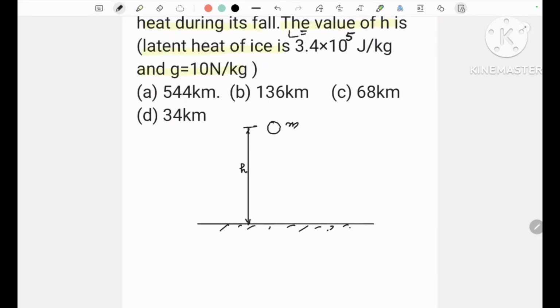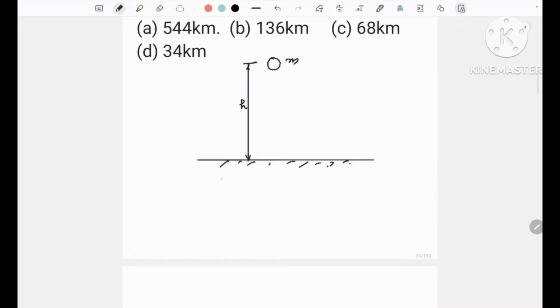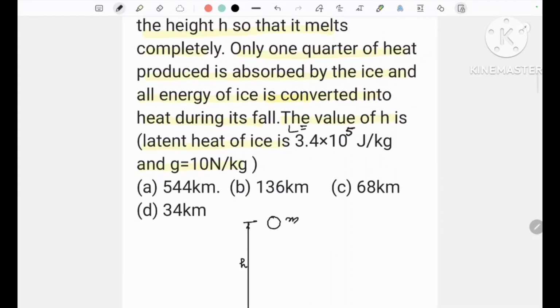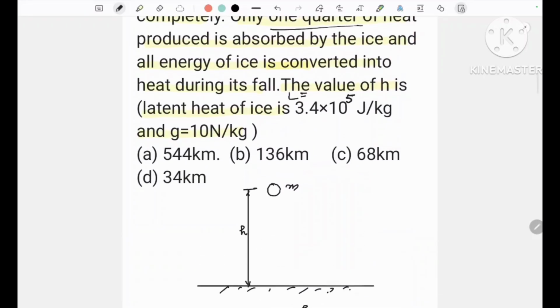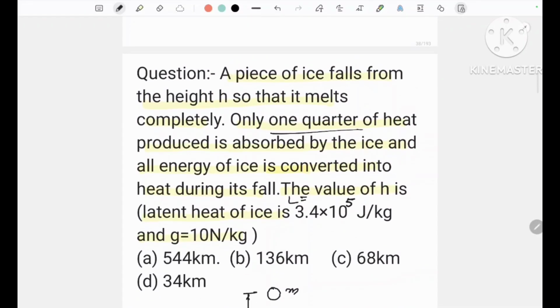So the potential energy of the ice will be mgh, and 1/4 of this energy is converted into heat. So the heat produced will be mgh by 4. The ice melts.